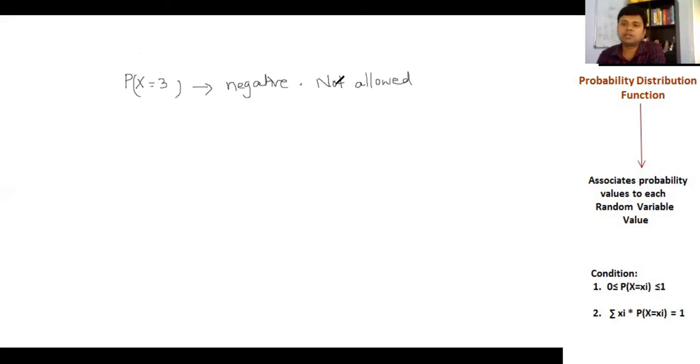If you add all the values of the probability, the sum is 1, still this is not a valid probability distribution function. The reason is that I am getting a negative probability for a certain value of the random variable. So I think we got what a random variable is and what the probability distribution function of a given random variable is.